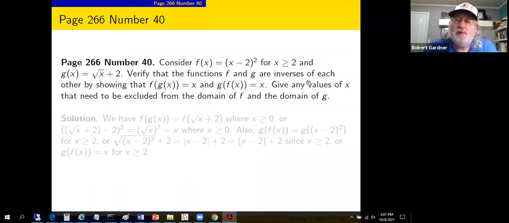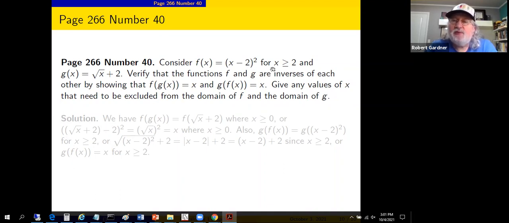Verify that the functions are inverses of each other by showing f of g of x is the identity function x, and g of f of x is the identity function x. Give any values of x that need to be excluded. Yes, there are values that need to be excluded. Here we'll need to exclude x less than 0. We'll have to make the restriction that x is greater than or equal to 0 because of the square root.